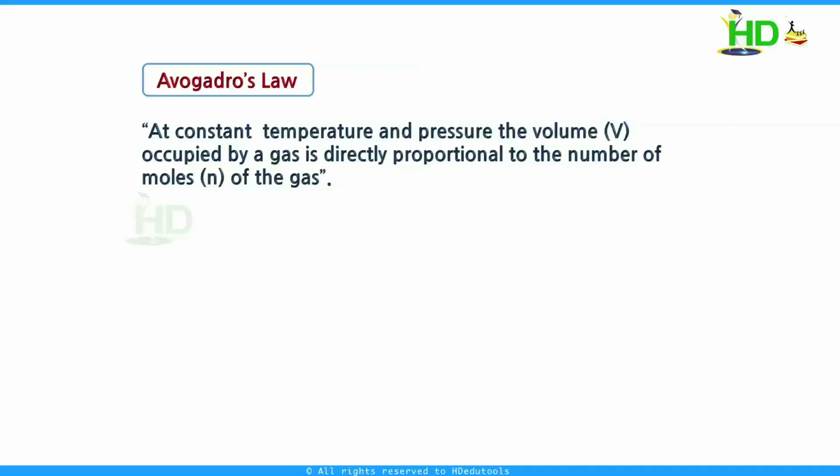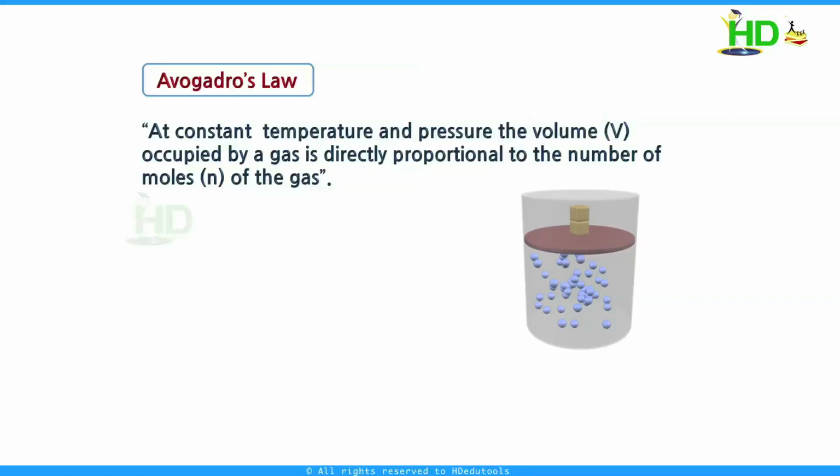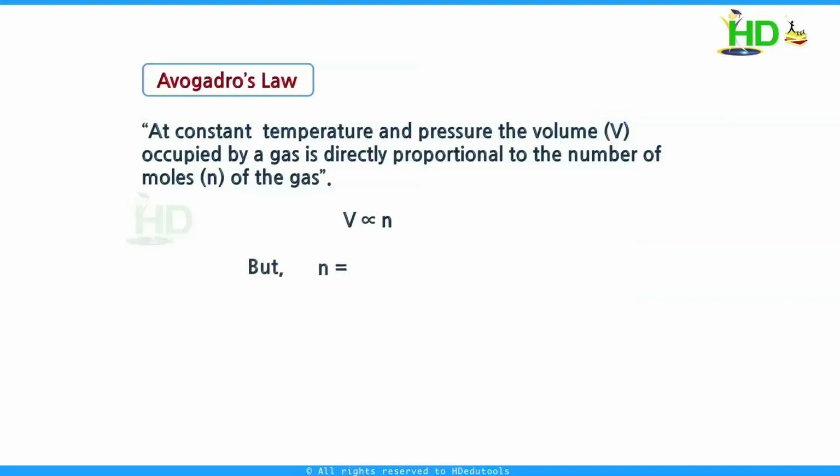See here, if you go on increasing the number of molecules, what happens to volume? Definitely it increases. According to this law, V is proportional to small n, where small n is the number of moles, which is nothing but mass by molar mass. That is, V is proportional to small m by capital M.